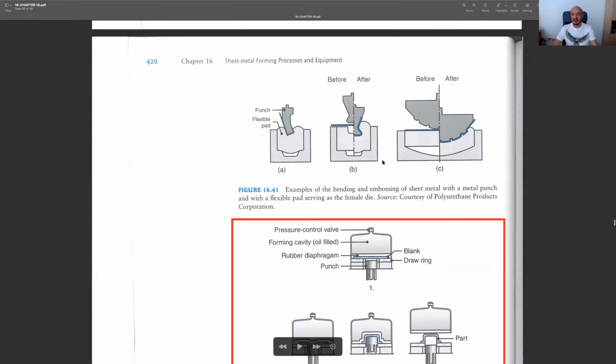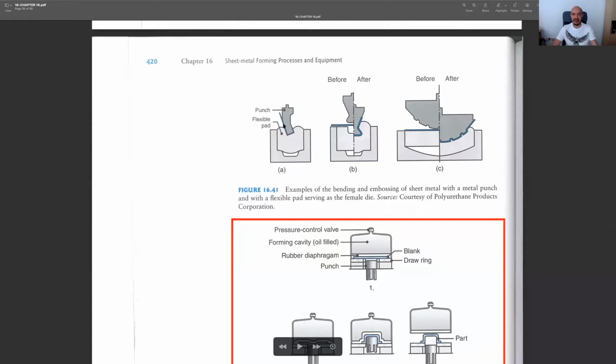This is actually a rubber forming or Guerin process. You see that we have a punch here, and this time our female die is made of flexible material. This is mostly made of rubber. So what we do, we again move our punch into our female die. Since in between we have the sheet metal, obviously the sheet metal will be covering the surface of our punch.